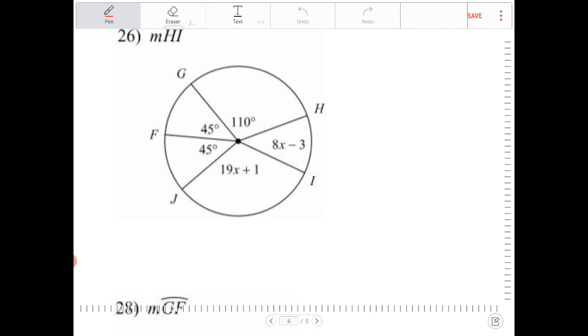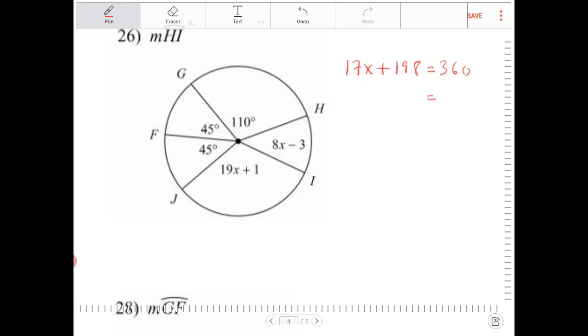Okay, so again, same idea, all 5 angles add up to 360. I'm going to add up all the x's. So 19 plus 8, that would be 17x. Add up all the numbers. 45, 45, that's 90, plus 110, that's 200. 200 minus 2 would be 198, is equal to 360.